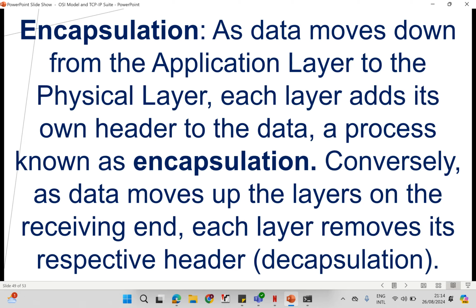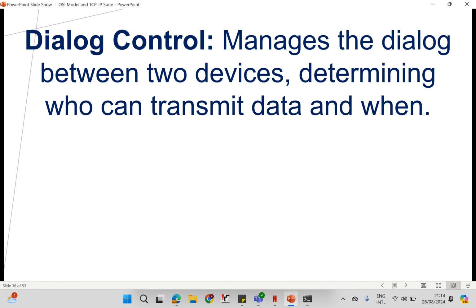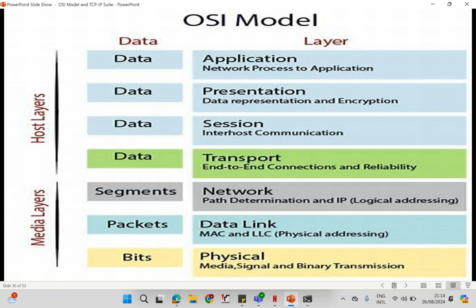Another thing you must learn from this class is what the thing that is transmitted is called at each layer. Okay, this is it. At layer 1, which is the physical layer, it is called bits. And what is being transmitted here? It is your media, your signal, your binary transmission.